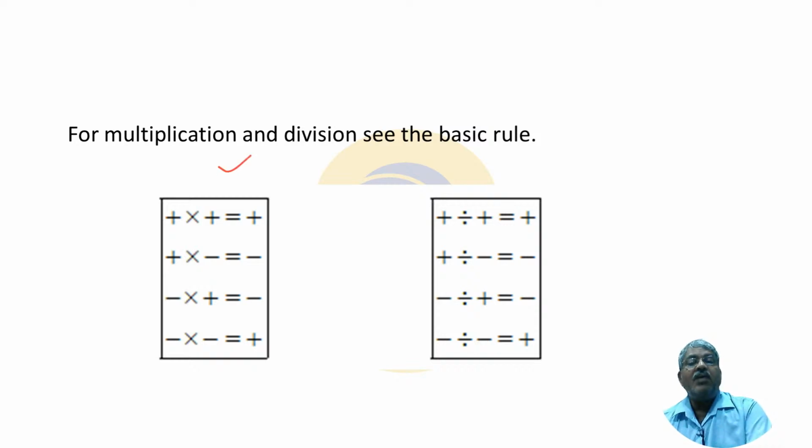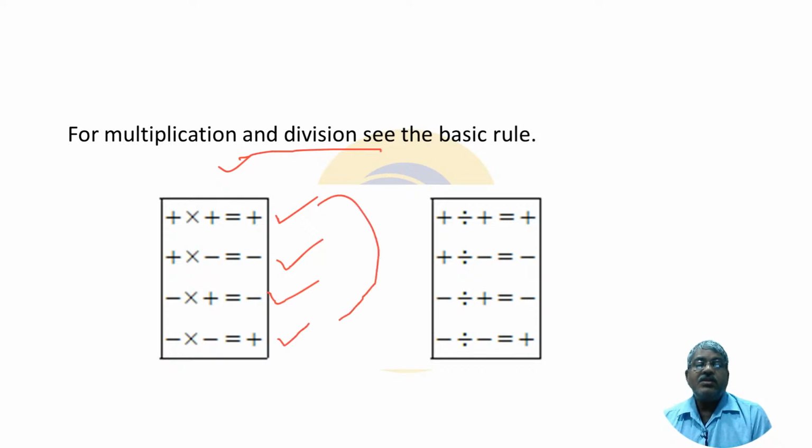Now, for multiplication and division, see the basic rules. For multiplication, plus into plus is equal to plus, plus into minus is equal to minus, minus into plus is equal to minus, minus into minus is equal to plus.